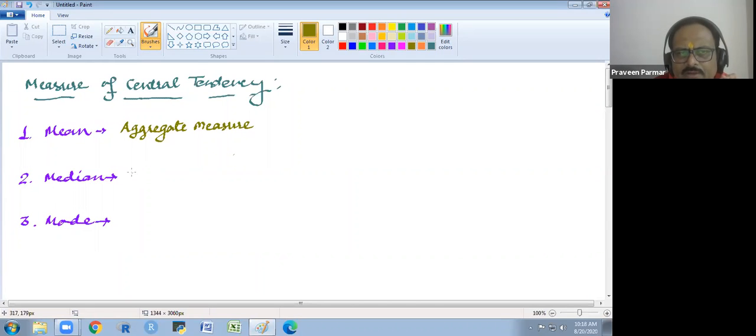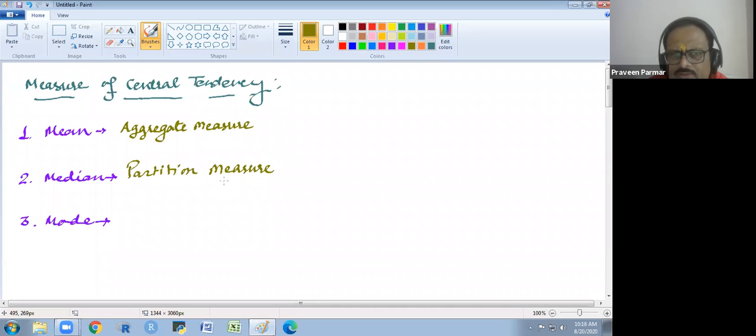Median is a partition measure. Why is it a partition measure? Because first we arrange the data in ascending or descending order, and then we find the value of the middlemost term. Whatever the value of that middlemost term, it is called the median.